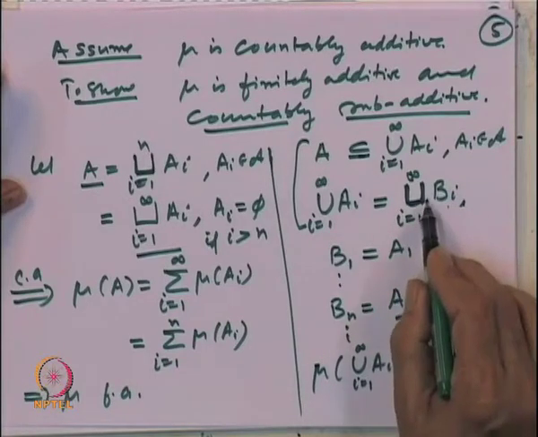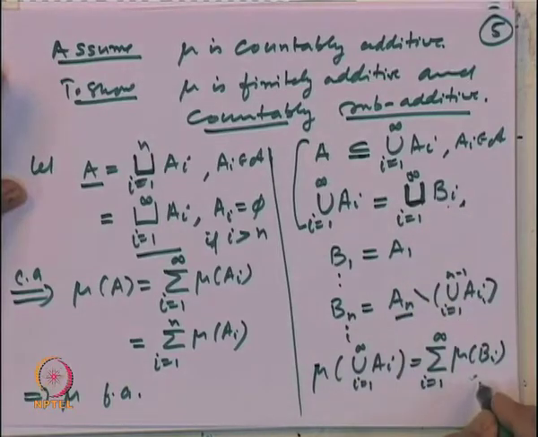So, by the countable additive property, mu of the union is equal to this sum.